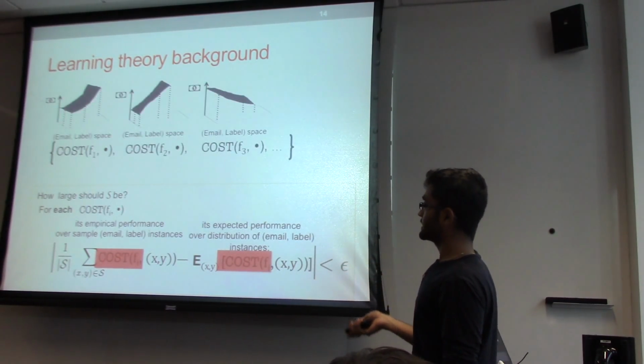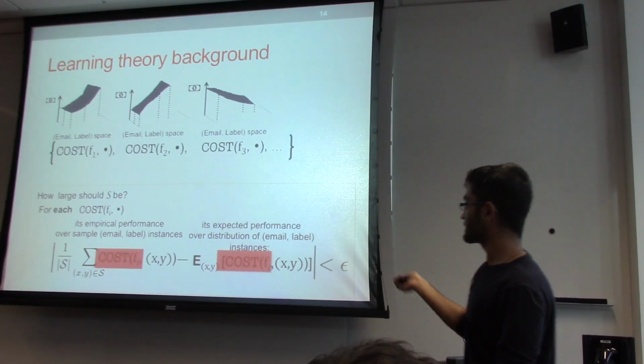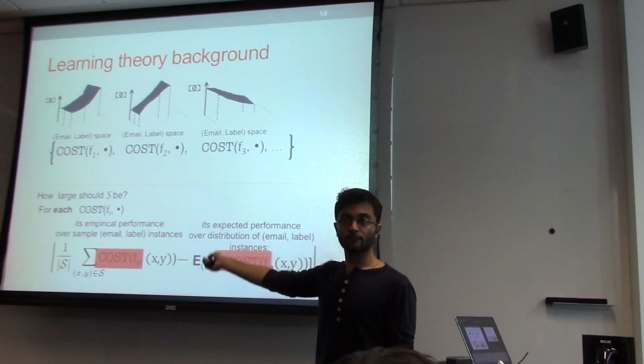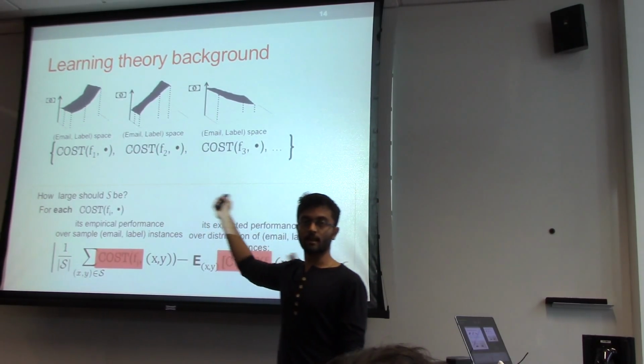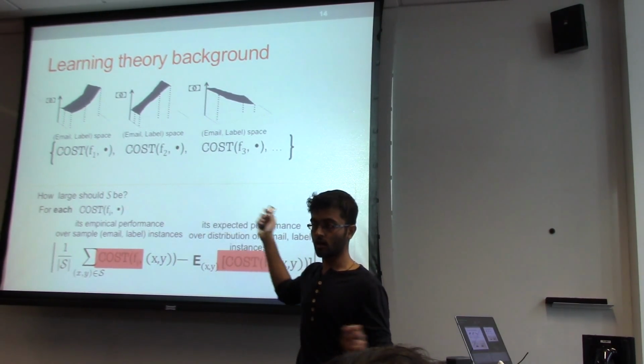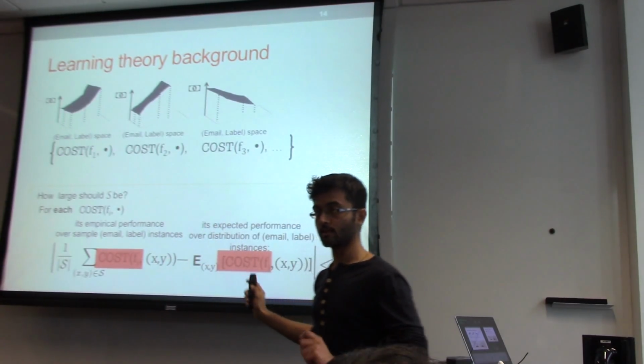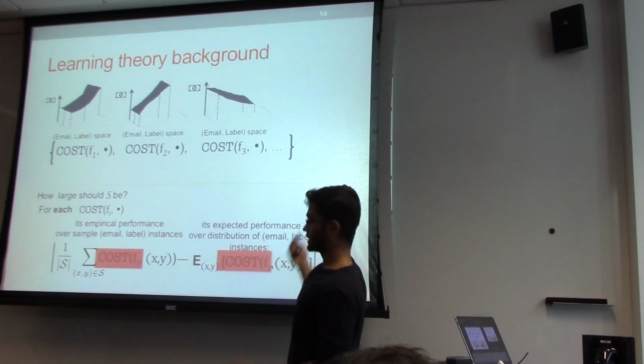So what learning theory tells me is that this sample complexity is in fact tied to the complexity of this class of functions. I haven't defined what I mean by a complexity of a class of functions, which I'll get to in the next slide, but this is what learning theory tells me.